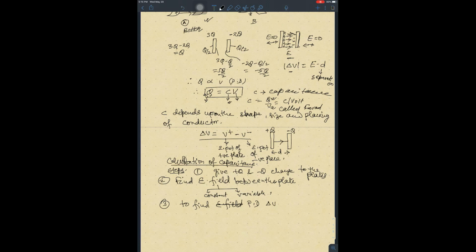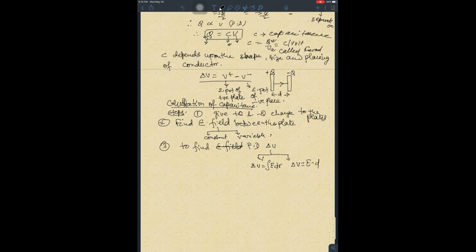Now the potential difference, delta V, will have two forms. If the field is variable, we can find delta V equal to the integration of E dr, and if it is constant, we can find delta V equal to E dot d. And the fourth step is C equals Q by delta V. In this way we get the capacitance, where C is the capacitance of the combination of conductors, which is basically your parallel plate.